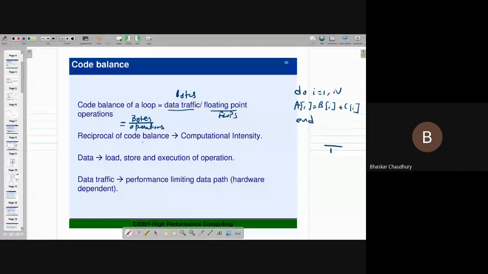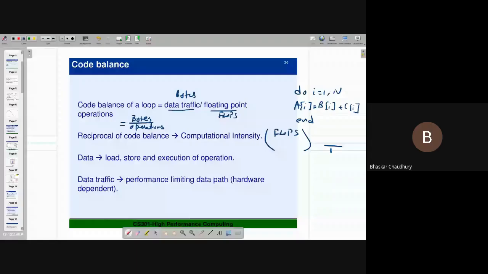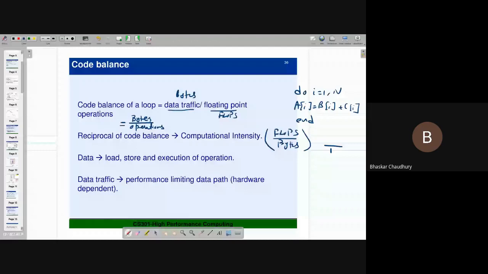So the code balance here is 24, and the reciprocal of code balance we call computational intensity. Here the unit will be flops per byte, it's the opposite. It tells how many floating point operations you are doing on the amount of data you are fetching from the memory. When we're talking about data, we are talking about loads, stores, and execution of operations.